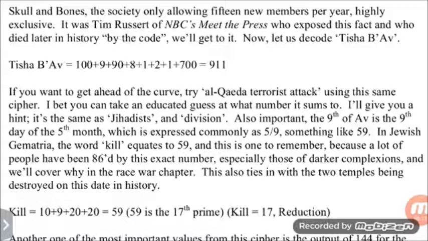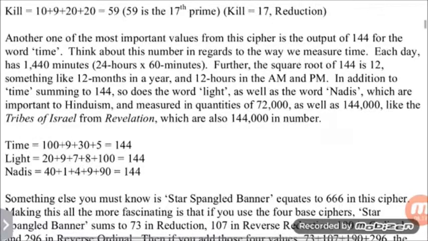This also ties in with 2 temples being destroyed on this date in history. Kill equals 10 plus 9 plus 20 plus 20 equals 59. 59 is the 17th prime. Kill equals 17 in reduction.